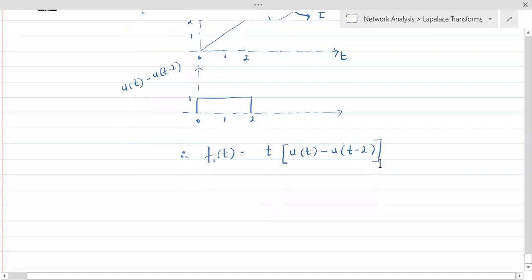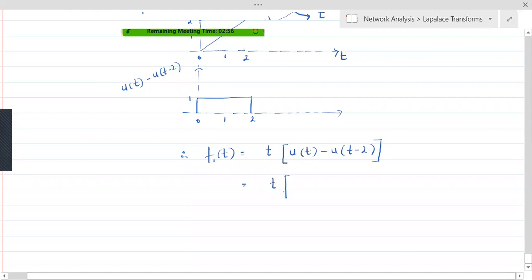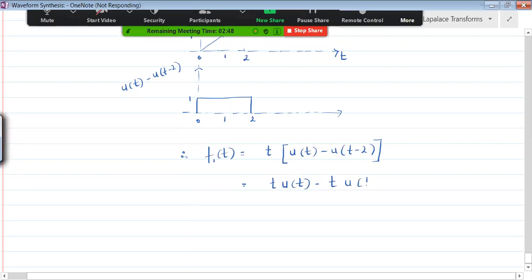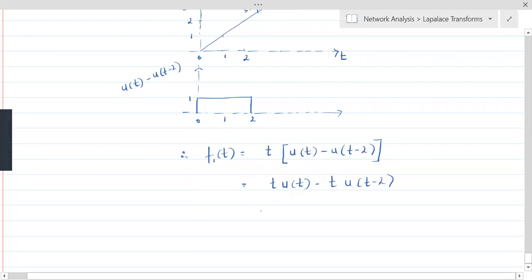If you multiply, it would look like t into u of t minus t into u of t minus 2. This is a valid form, this is an invalid form. So we'll keep this as it is, and to get this into valid form, I'll do minus 2 plus 2 into u of t minus 2.